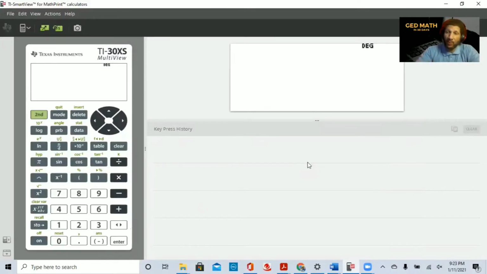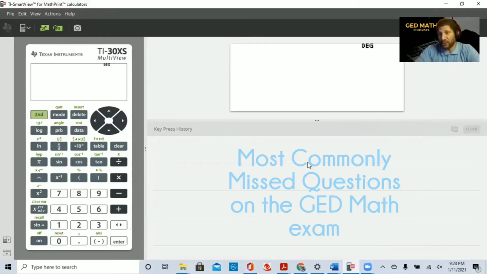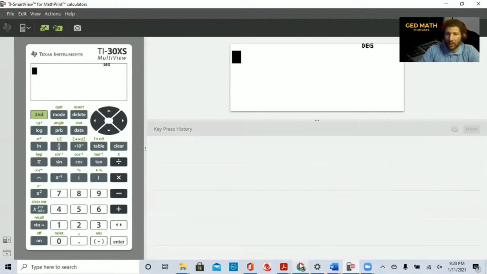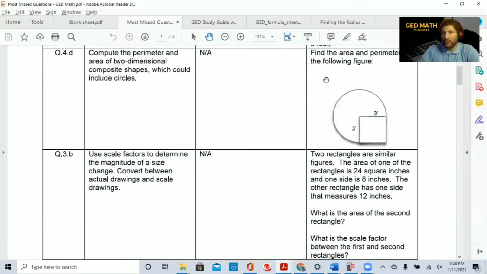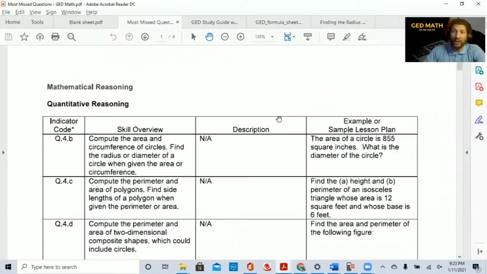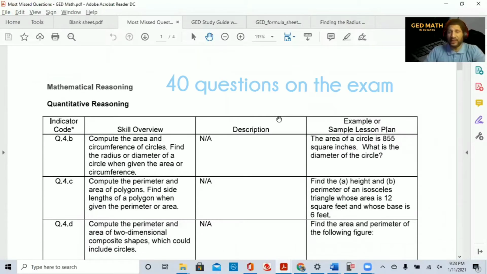And today we'll be starting my first session on the most commonly missed questions on the GED. If you can see on the screen, this is about 4 pages. The number of questions on the GED math exam is 40 problems.